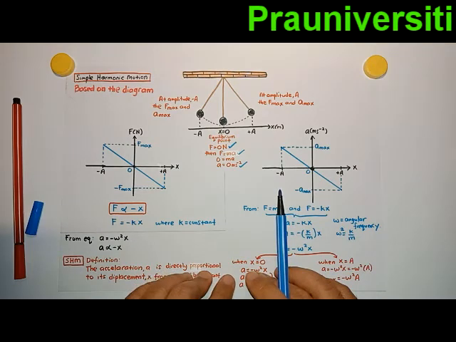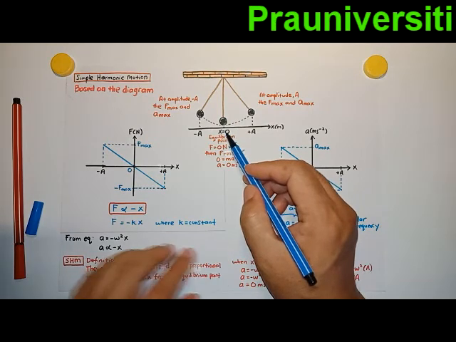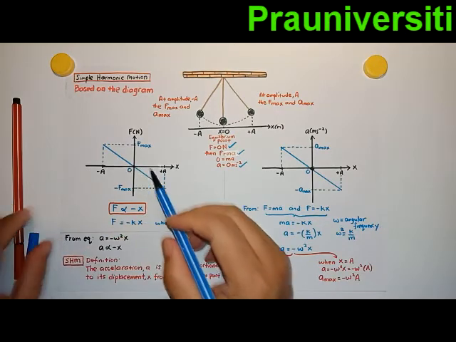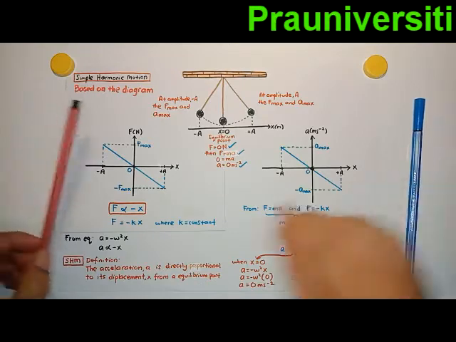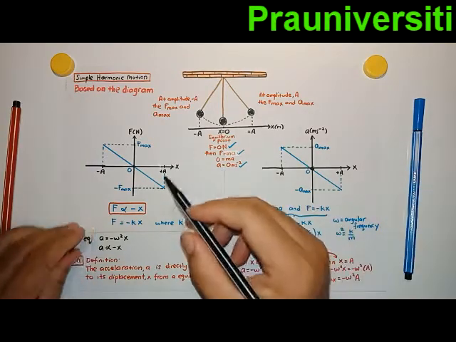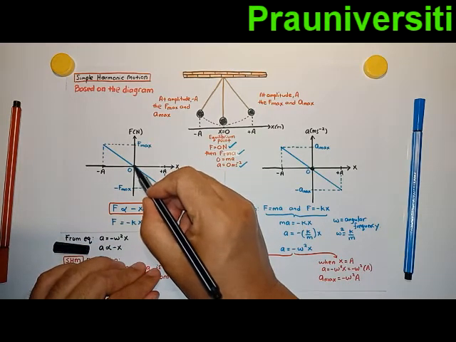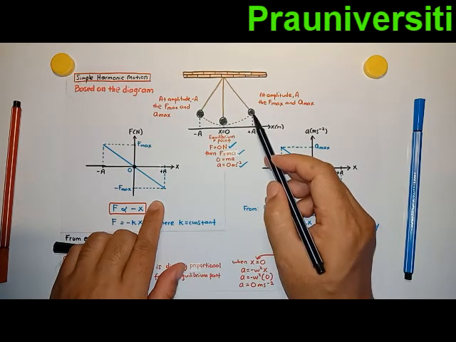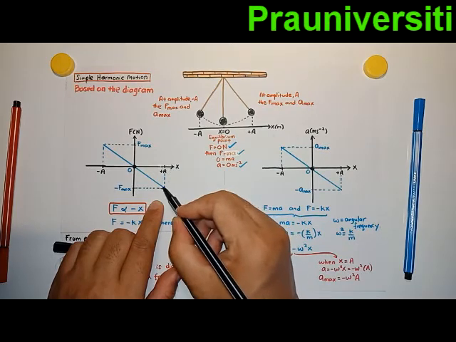Okay, so we go. When x is equal to 0, F is 0. So here is the point. When the object reaches the maximum displacement, positive amplitude, it is here.